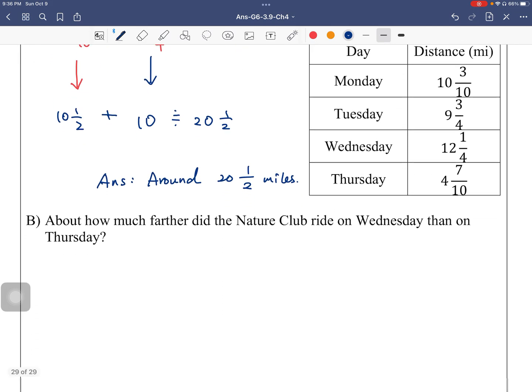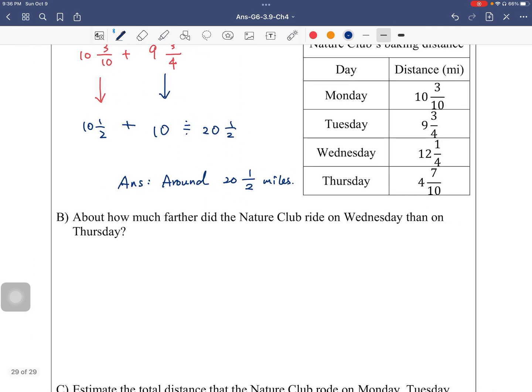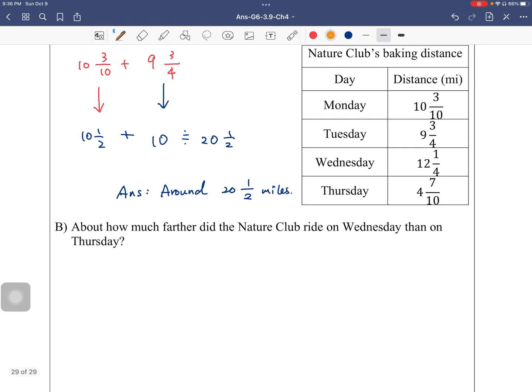And then how much further did the nature club ride on Wednesday than Thursday? Again, I have about.